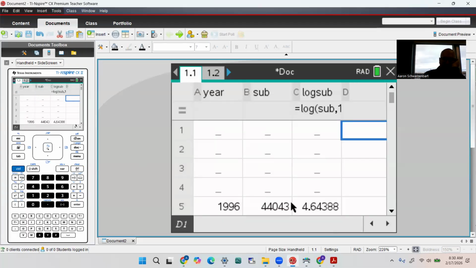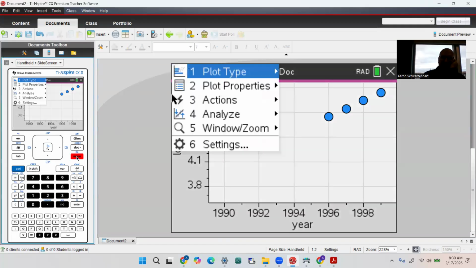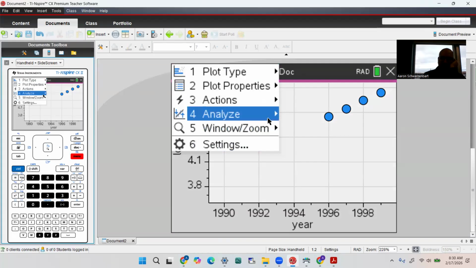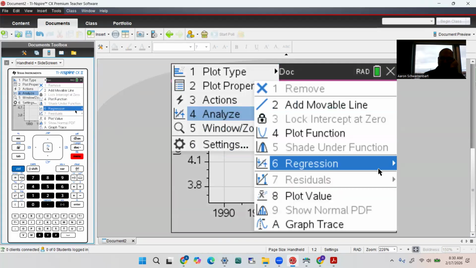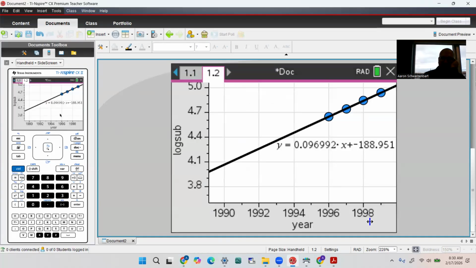So now I've just got this, and I can do menu, analyze, regressions, show linear. And I get this.